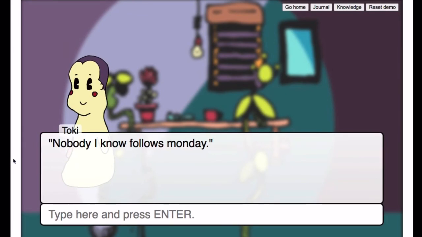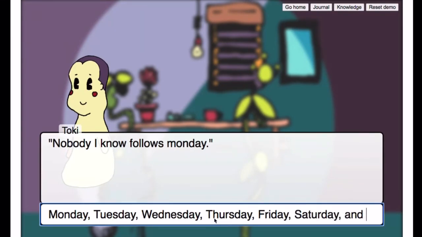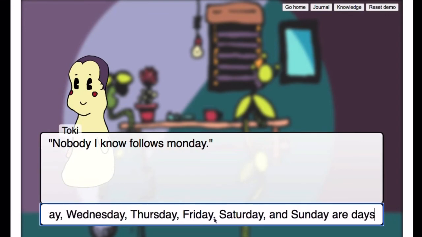I've moved it to this demo to show off one of the harder challenges, but we can do it based on the journal. So first, let's explain days. Monday, Tuesday, Wednesday, Thursday, Friday, Saturday, and Sunday are days.